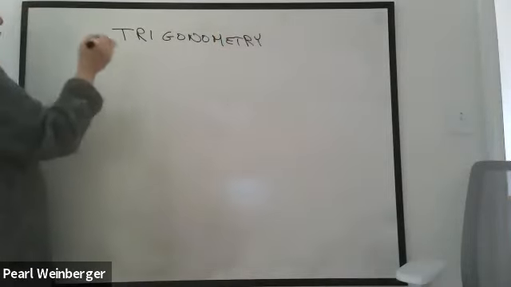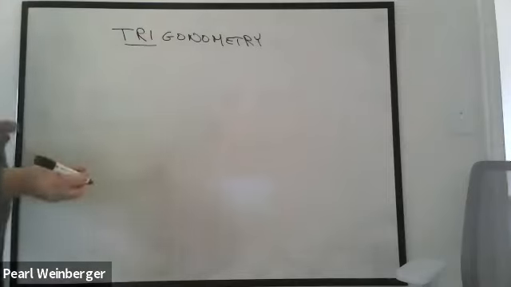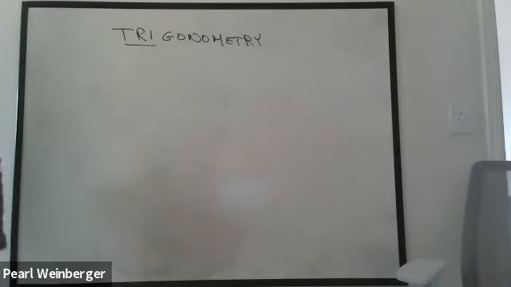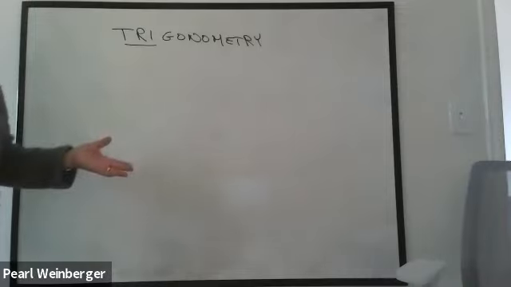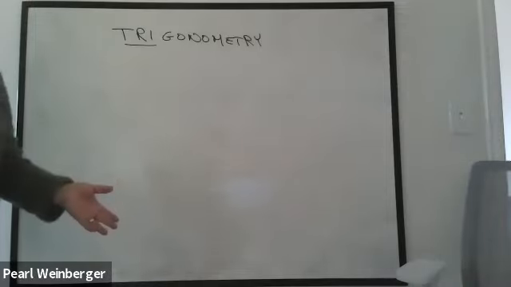And the word trigonometry sort of gives you a hint as to what we're going to be studying. The tri at the beginning is a prefix that means 3. We're dealing with shapes with 3 sides, in other words, triangles.